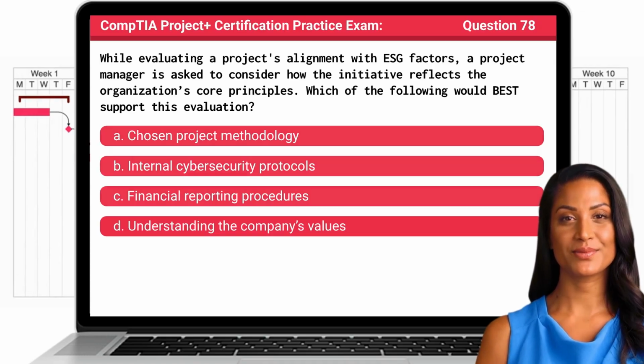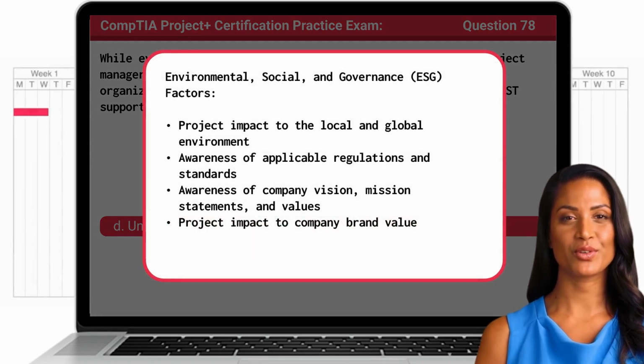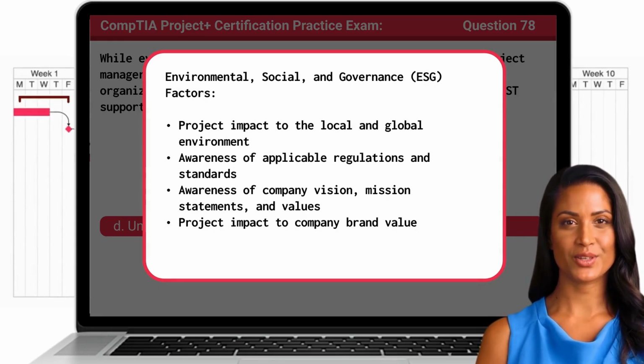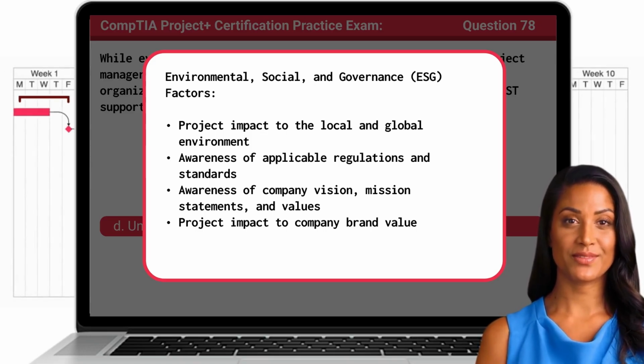The answer is D. Understanding the company's values. Environmental, social, and governance, or ESG factors, include the project's impact on the local and global environment, awareness of applicable regulations and standards, awareness of the company's vision, mission statements, and values, and the project's potential effect on the company's brand value.